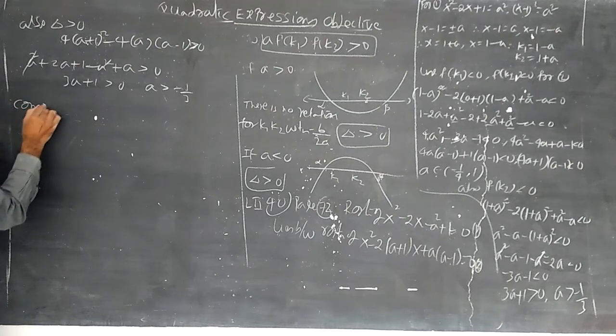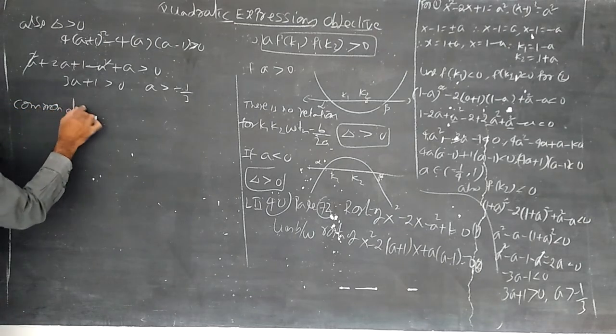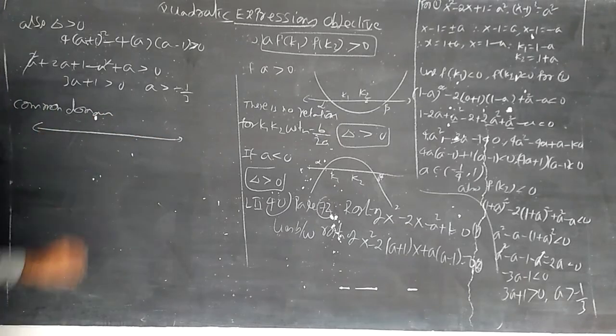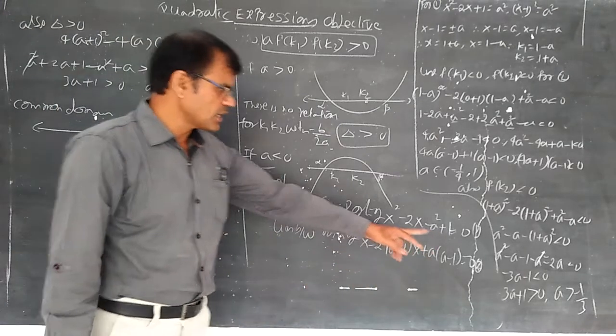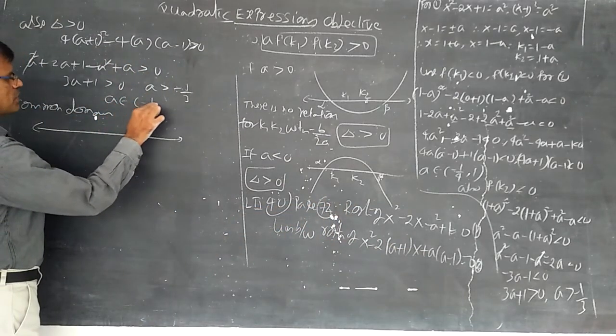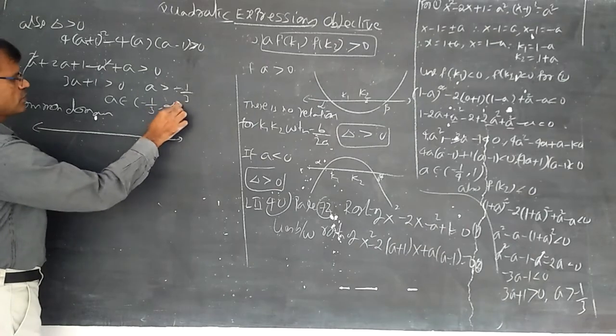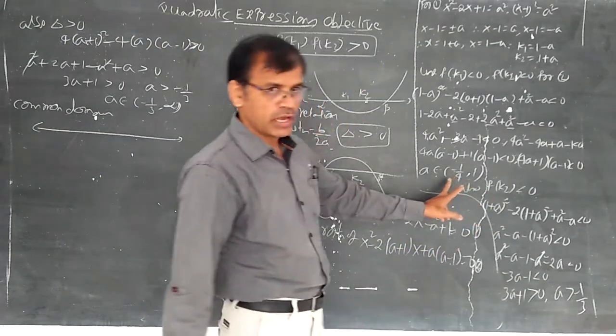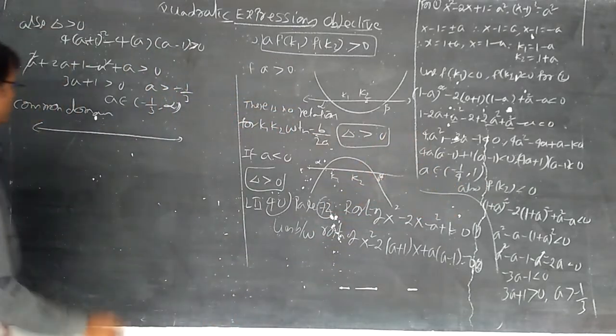Let us write the common domain. Draw like this. It is indicating that a greater than minus 1 by 3, meaning a belongs to (minus 1 by 3, infinity). And here it is indicating the value should lie between minus 1 by 4 and 1.